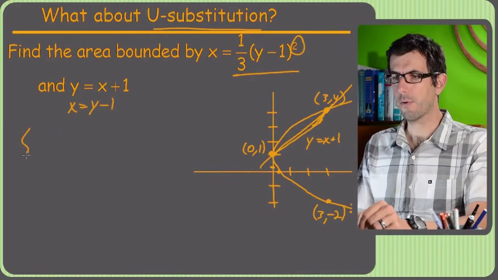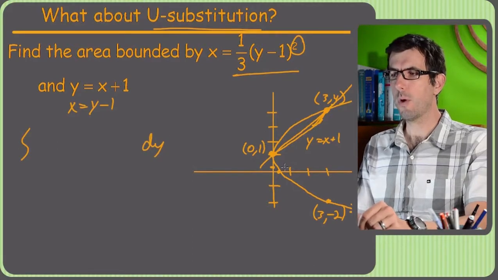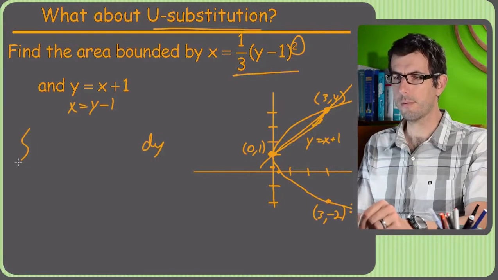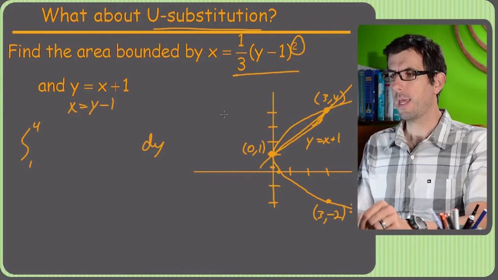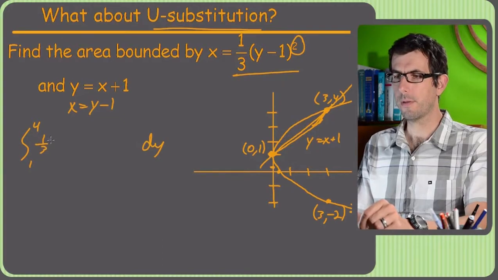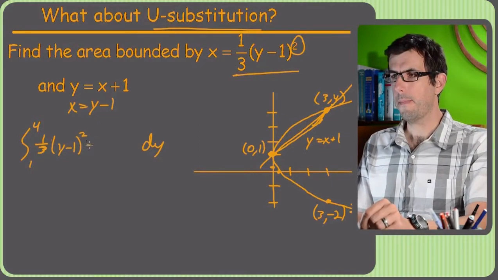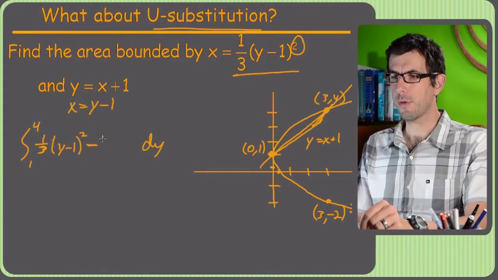So if I'm using dy, I need the y region, which goes from y equals 1 to y equals 4. And my top curve is the crazy one, so 1/3 times (y minus 1) squared, minus the bottom thing, which is x equals y minus 1.